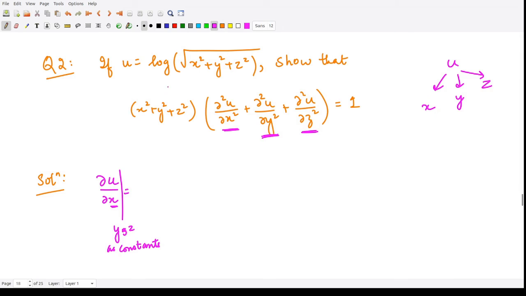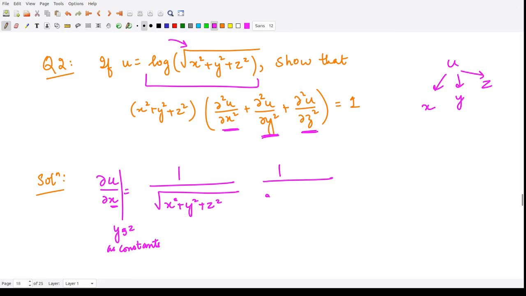So what would this be? Firstly we'll perform the derivative of log. So it would be 1 divided by square root of x square plus y square plus z square, and then the derivative of this power, that is square root. So it would be 1 divided by 2 square root of x square plus y square plus z square, and then the quantity within this square root.